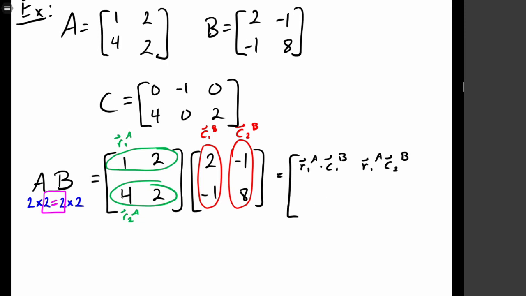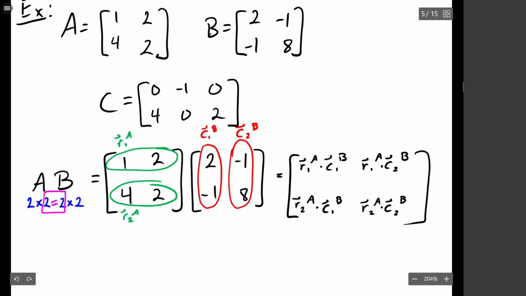So we use row 2 of the first matrix, R2A, and column 1 of the second matrix, C1B. Right? Can you see that pattern? Over here, this is row 2, column 2. So we use row 2 here, column 2 here. R2A, dot, these are all dot products, C2B.